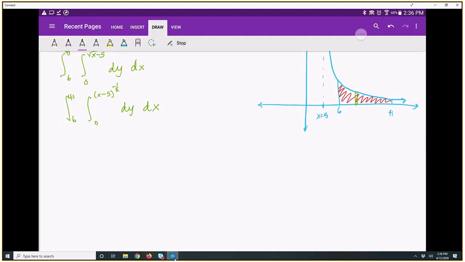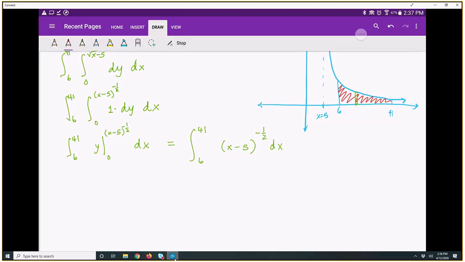The antiderivative here of the constant 1, of course, is y. So this becomes integration 6 to 41, I have y, and I need to evaluate from 0 to x minus 5 to the minus 1/2, then dx. So that will be integration 6 to 41, x minus 5 to the minus 1/2 dx.